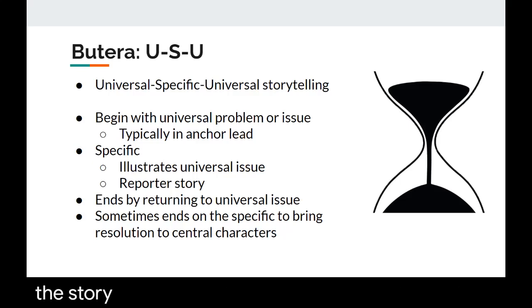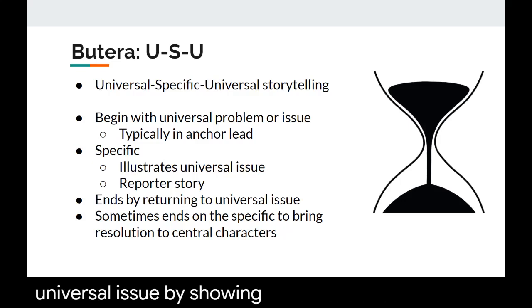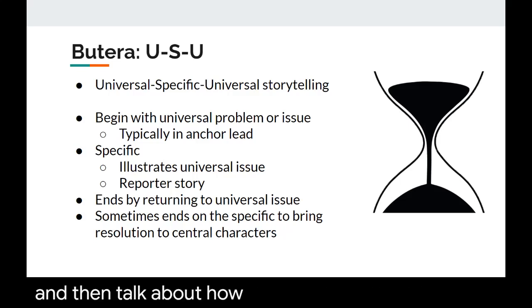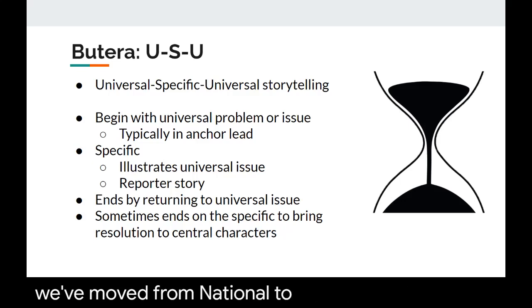Then the story moves more specific. It illustrates the universal issue by showing some kind of example from that. So you might start with national numbers and then talk about how Alabama's numbers are rising faster than other parts of the country. So now we've moved from national to state and it becomes more specific.